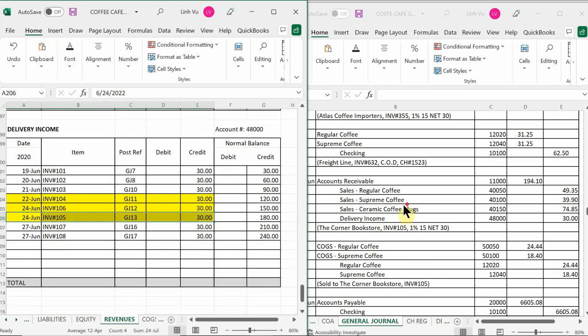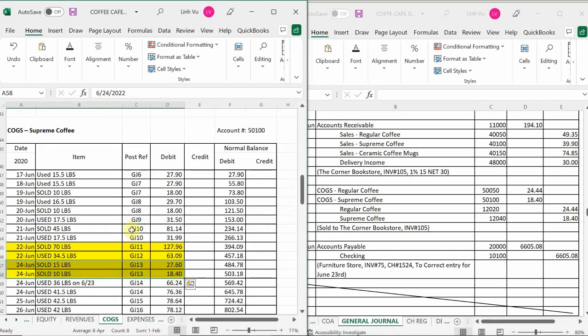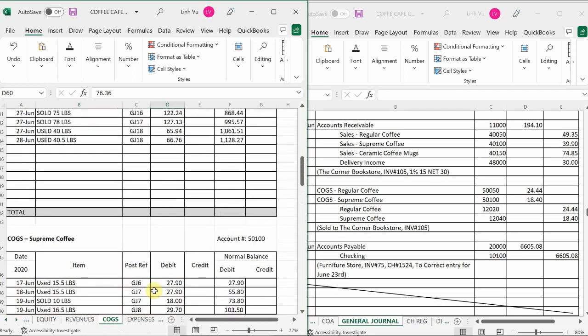Okay. Then we gotta do the cost of goods sold for 24 and 18. Wait, hold on. 24 and 18.